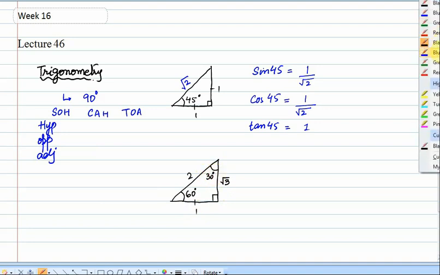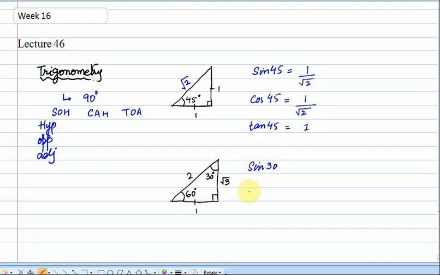From this triangle you need to find out sine 30, cos 30, tan 30, sine 60, cos 60 and tan 60. So you should first do it by yourself, and you have approximately a minute, so start.